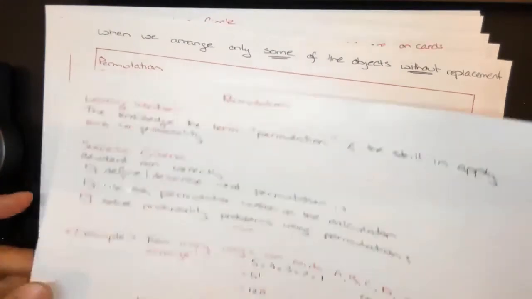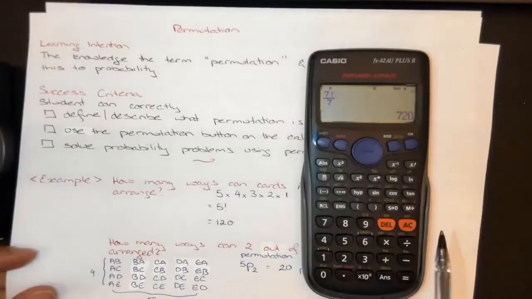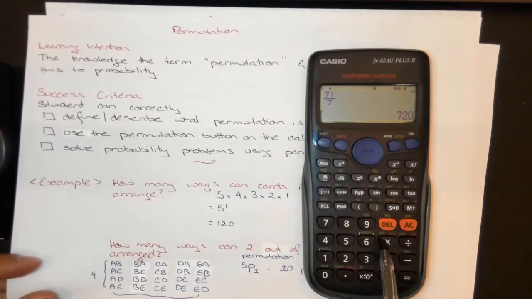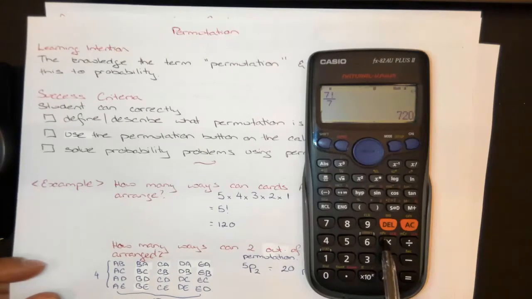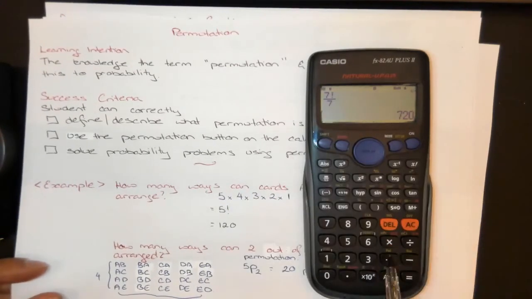Okay. The permutation button on the calculator is the nPr, and on the Casio fx-82 Plus, it's shift and the multiplication key.